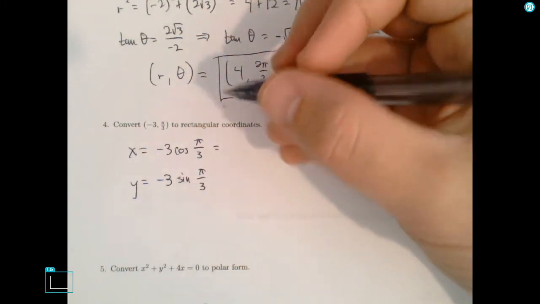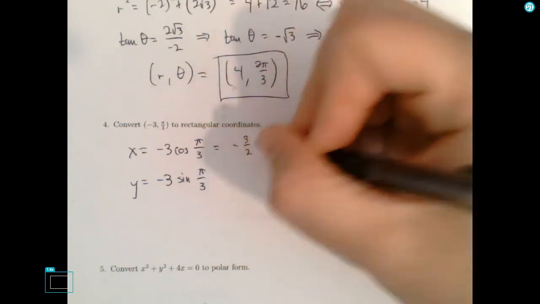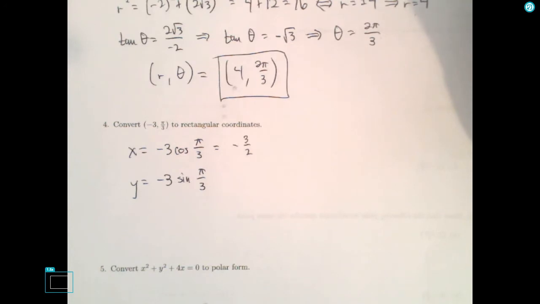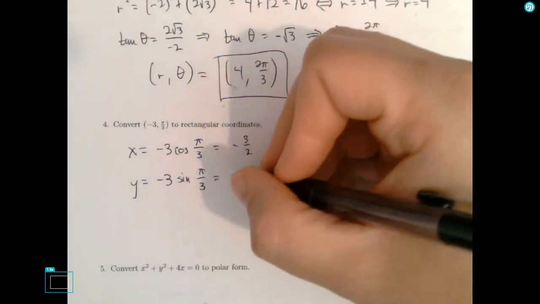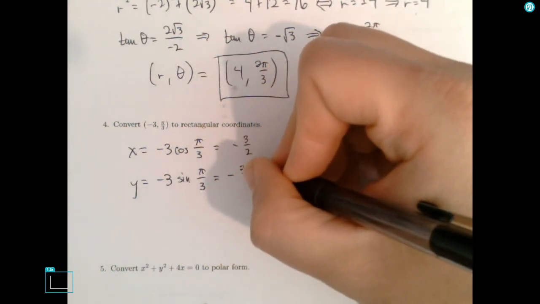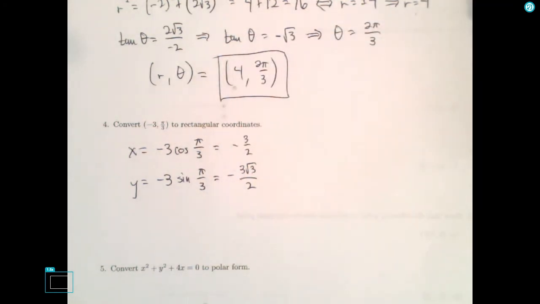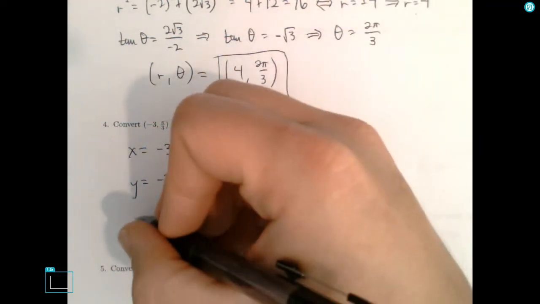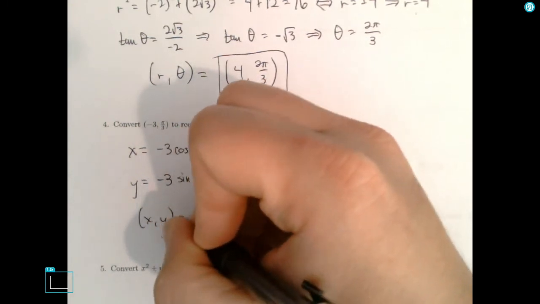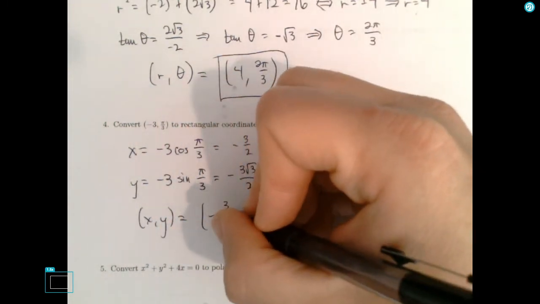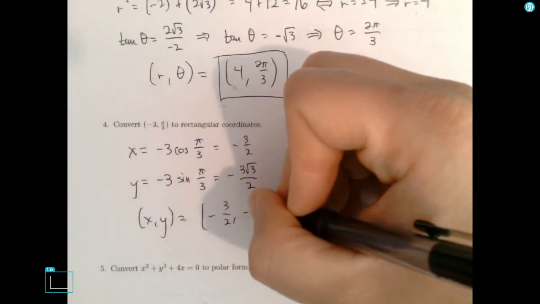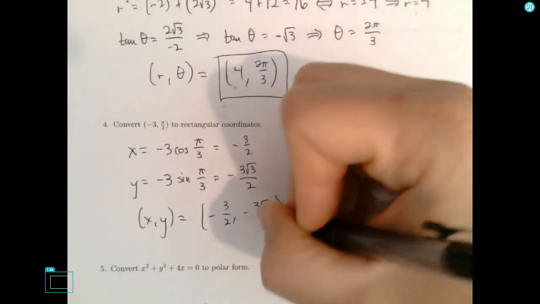Cosine pi over 3 I think is 1/2, so this is going to be -3/2. Sine of pi over 3 is root 3 over 2, so this should be -3 root 3 over 2. So the rectangular coordinates x, y are -3/2 and -3 root 3 over 2.